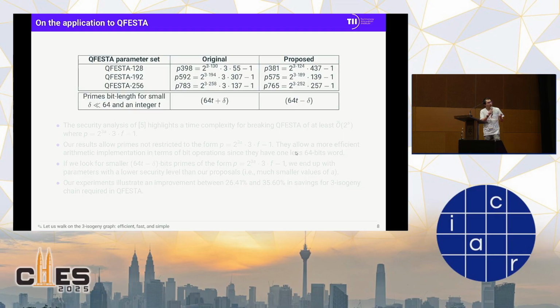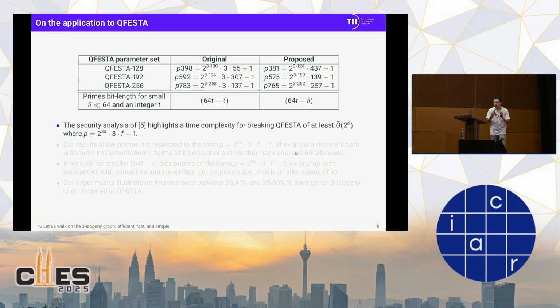With the result that we have for all the 3-torsion points, we were able to reduce the size of the prime as much as possible without losing security. The difference is that instead of adding delta, we decrease delta. We highlight that the proposal of QFESTA is completely focused on a very specific shape of primes.